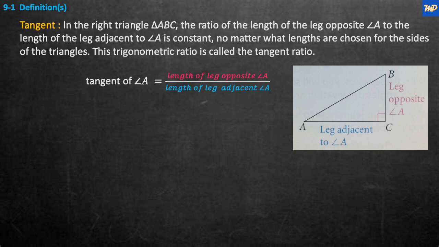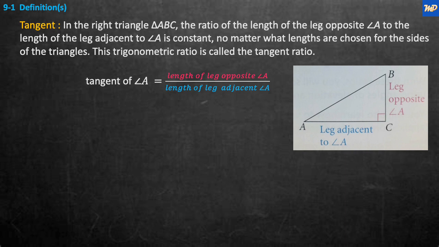Okay, before we get going to this review, there's a definition we can look at here, and it's of a tangent. And what is a tangent? So in the right triangle ABC, we see it here to the right, the ratio of the length of the leg opposite angle A to the length of the leg adjacent to angle A is constant.